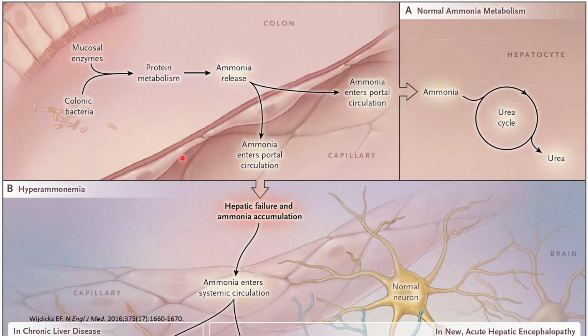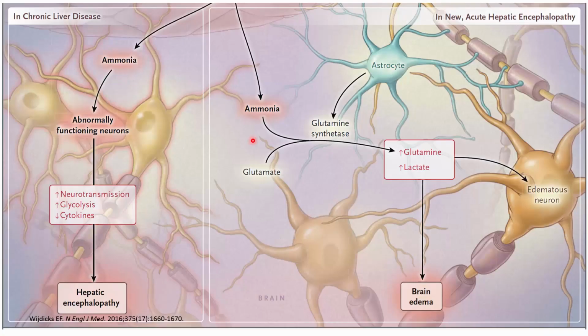The problem is if someone has cirrhosis and their liver is not capable of the urea cycle to process ammonia, this ammonia will accumulate in circulation, and then at high levels it can cross the blood-brain barrier and go into the brain.